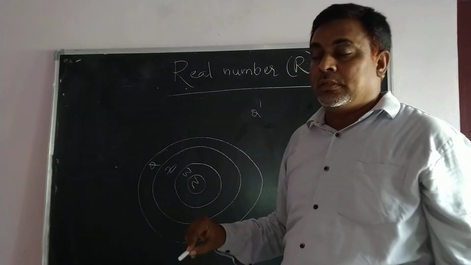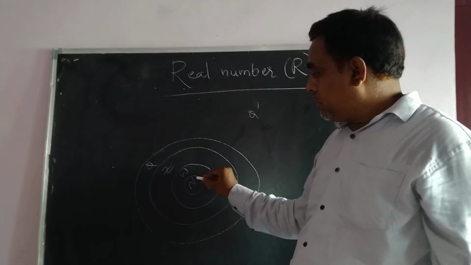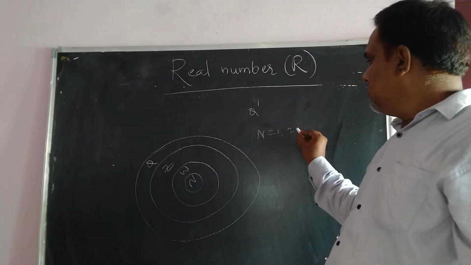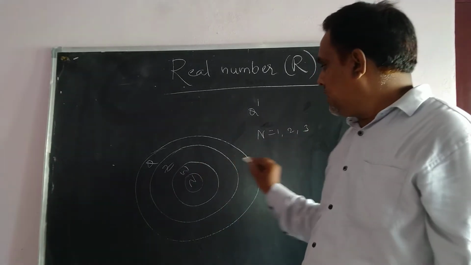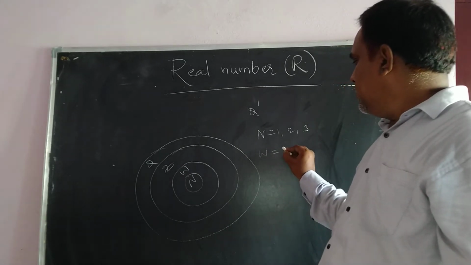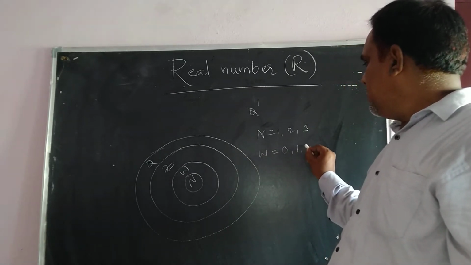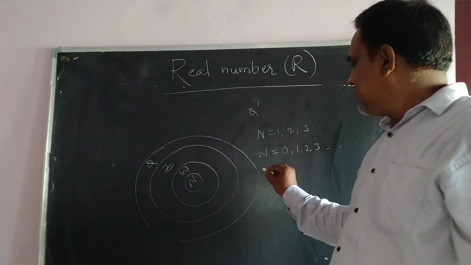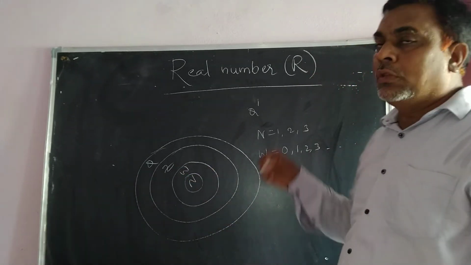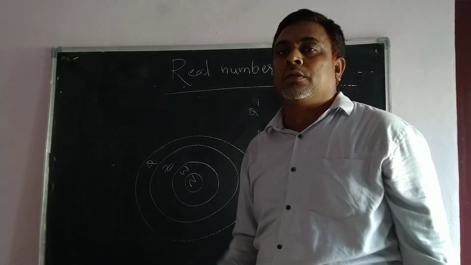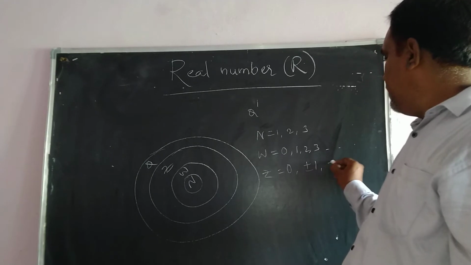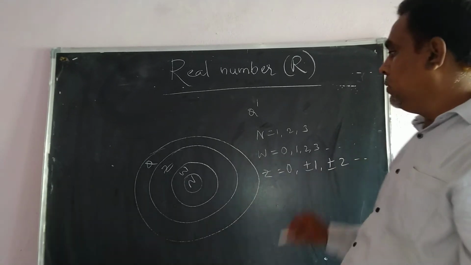It has the set of natural numbers, which we take from 1, 2, 3 and so on. The set of whole numbers starts from 0, 1, 2, 3 and so on. The set of integers has both the positive and negative numbers along with 0: 0, plus or minus 1, plus or minus 2 and so on.